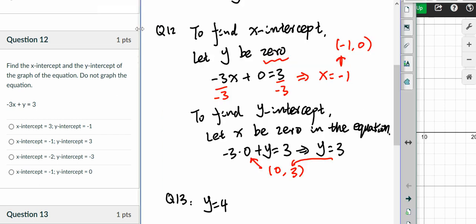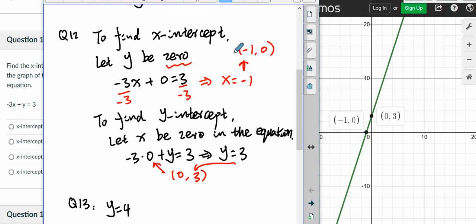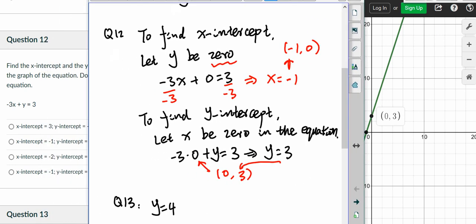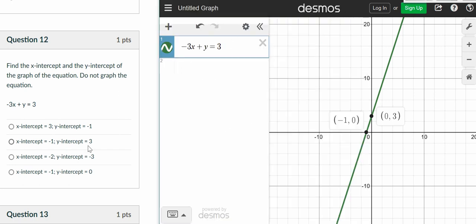Comparing with what we found here, (-1, 0) is this point, (0, 3) is this point. So we did find our intercept. Again, x is -1, y is 3. So this one, the second one, is our choice.